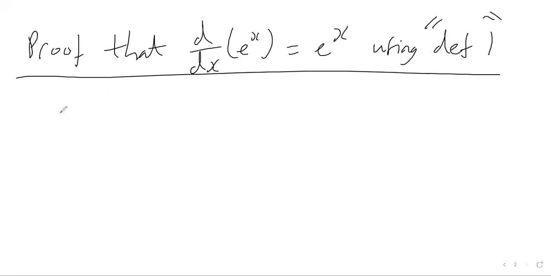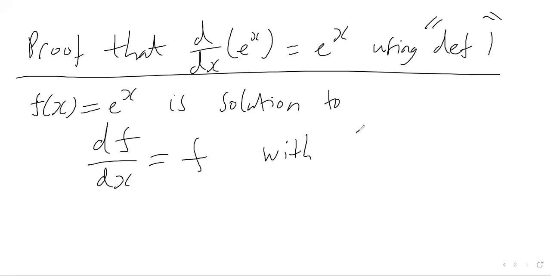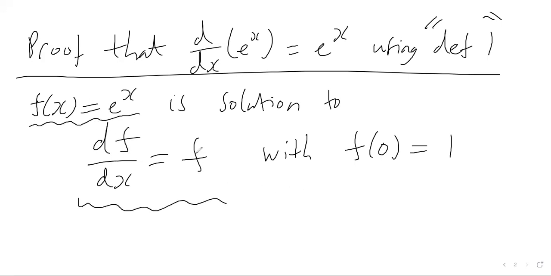Definition 1 stated that f of x equals e to the x is the solution to the differential equation df by dx equals f, with the initial condition that f of 0 equals 1. What this differential equation means is that when we differentiate this function, we get the initial function itself. So we can just test this out.